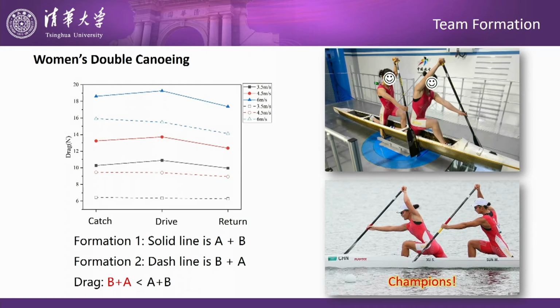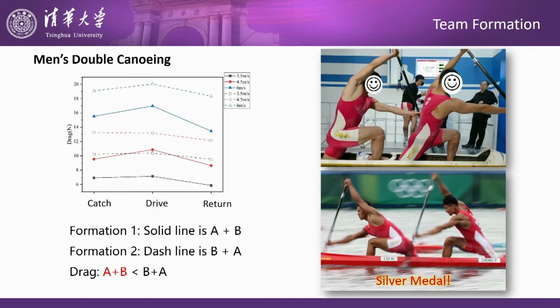A big difference, 10 to 30% difference. So B plus A is better than A plus B. They are champions, yes, in Tokyo. And for men's double rowing, double canoeing, in a similar experiment, A plus B is better than B plus A. They won silver medal in Tokyo.